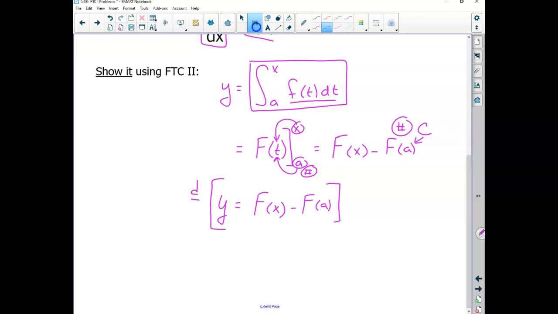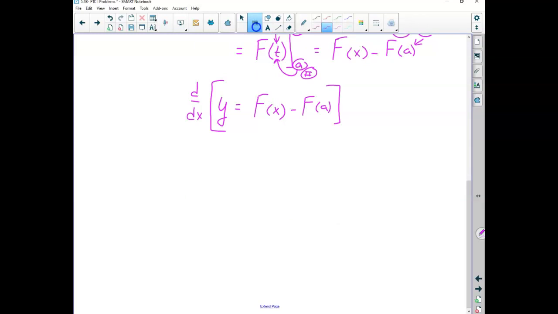And then if I took the derivative of this, what do I get? The derivative of y in terms of x is dy dx. The derivative of big F is big F prime of x, to show a derivative. And then minus, remember, that's just a number.